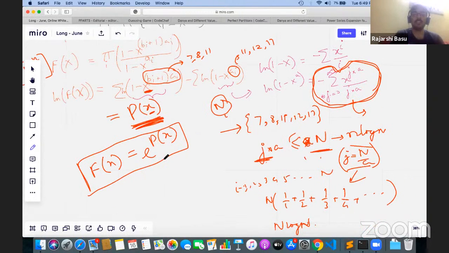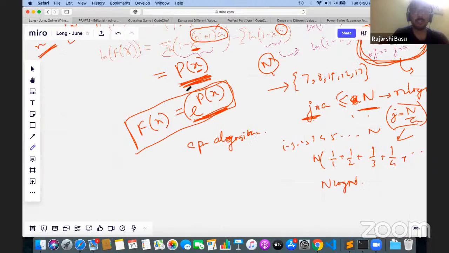You can see the setter's code or the tester's code. Most of it is just library code, taken from CP-Algorithms or some other sources. But yeah, it's mostly library code, and the main function is just 7 to 8 lines. This is the only library code that you need, and taking the log and iterating over this is also pretty easy to implement.